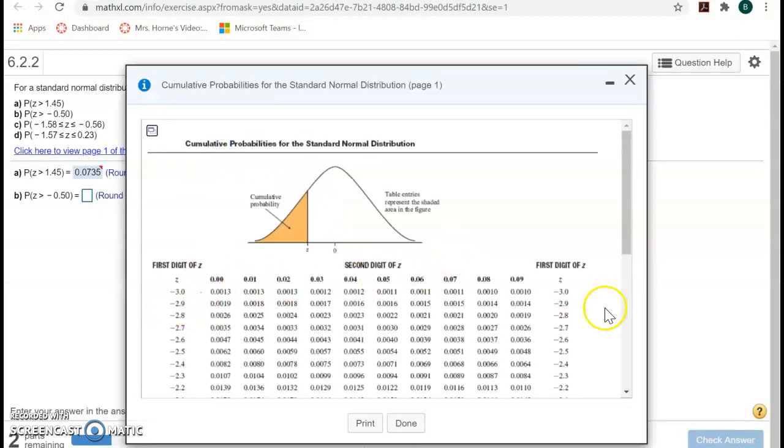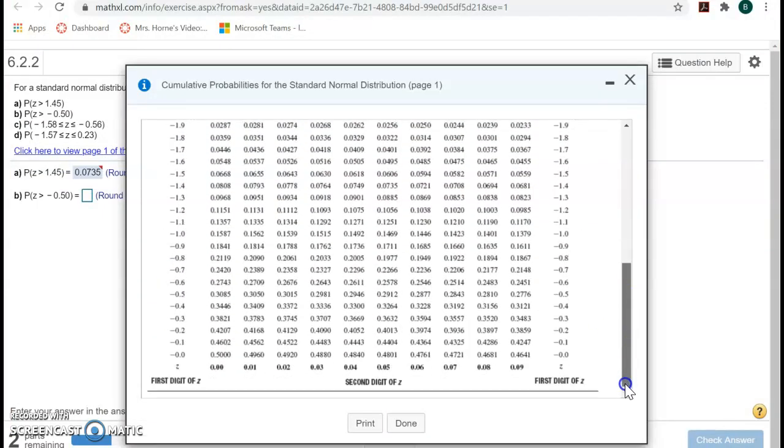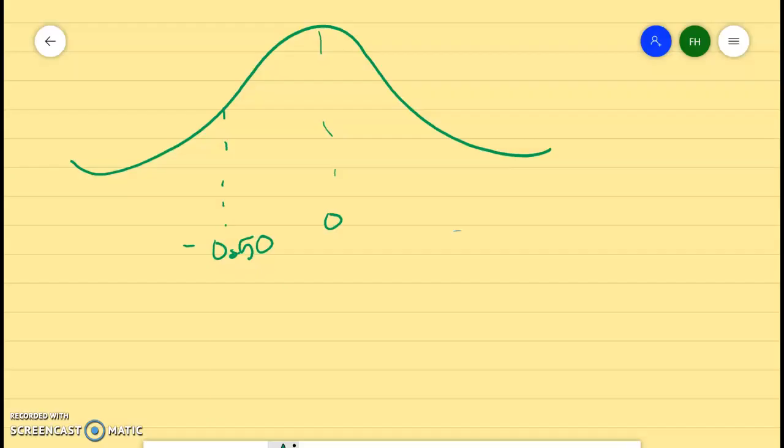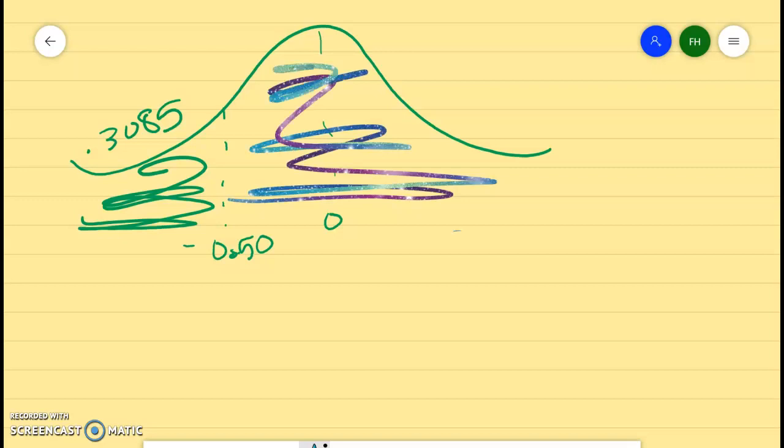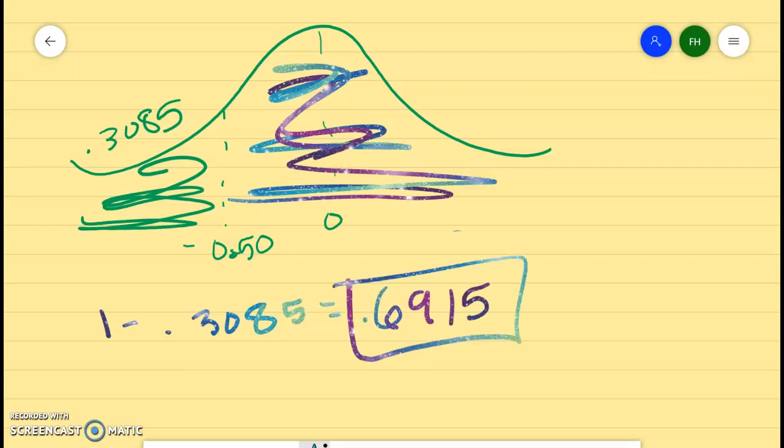The first table is the negatives, and for negative 0.50 that's 0.3085. To find the opposite side, we say 1 minus 0.3085, so the answer is 0.6915. Anytime you're finding the greater than side, you have to subtract from 1.